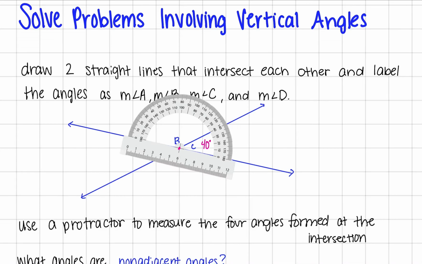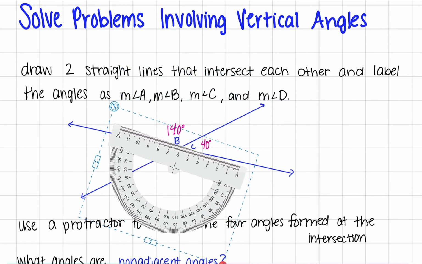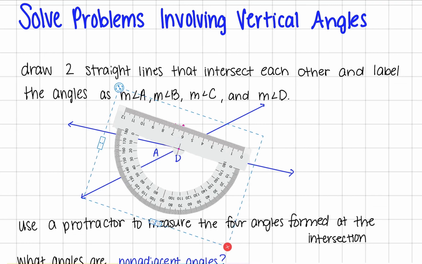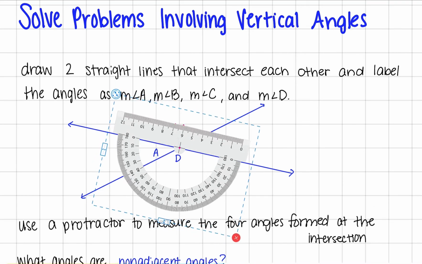And because we drew a straight line, remember, I can go to the other side to measure angle B. Angle B measures 140 degrees. I can flip my protractor around, and then I just need to line up my edges.